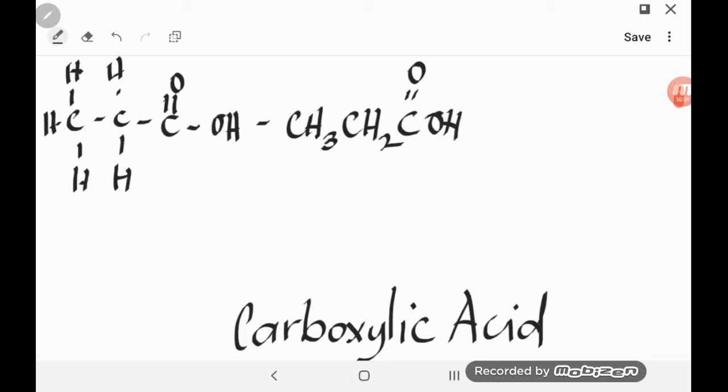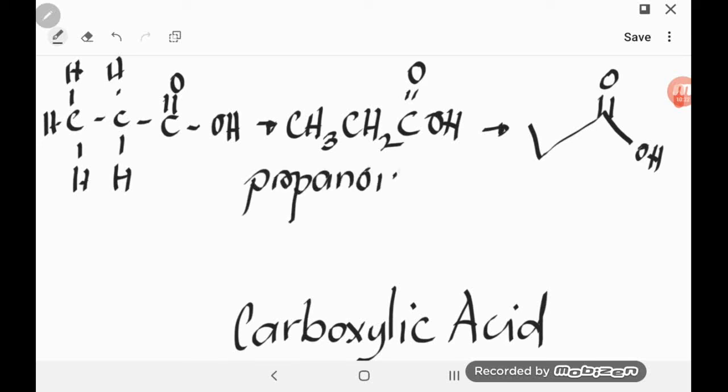And the line structure would be like this. This carboxylic acid is known as propanoic acid. Now, carboxylic acids are used in the manufacturing of soaps that lead to higher fatty acids and also act as a disinfectant.